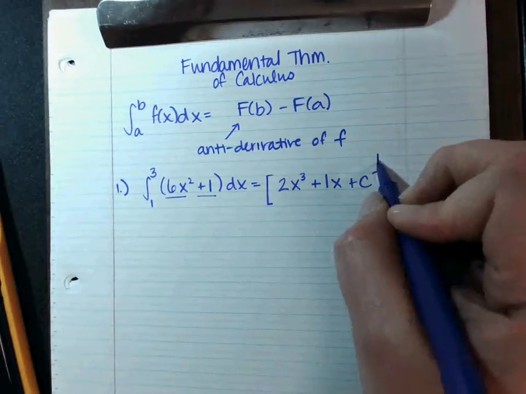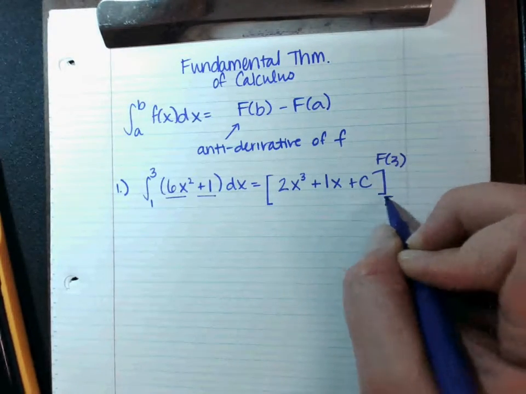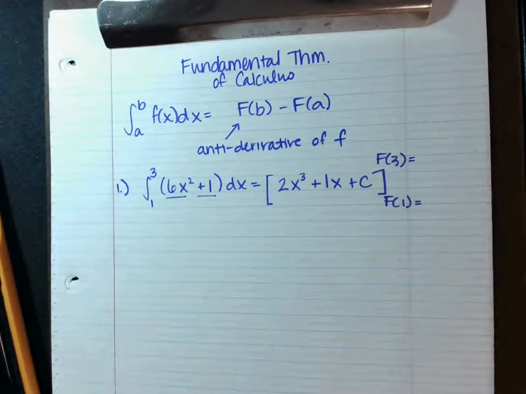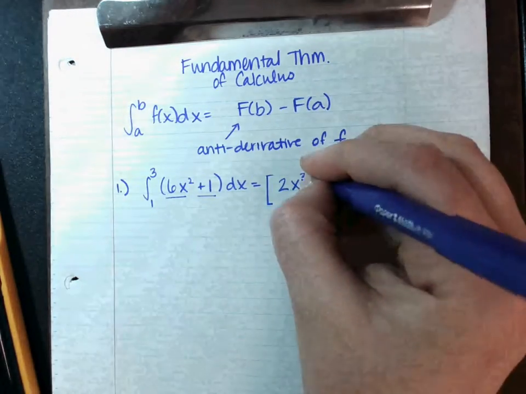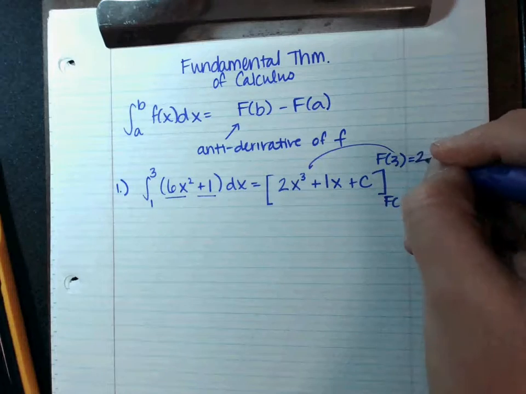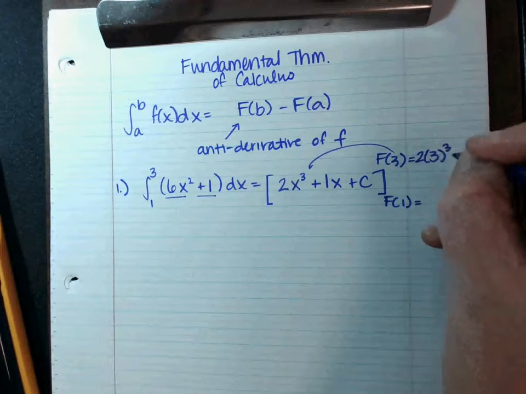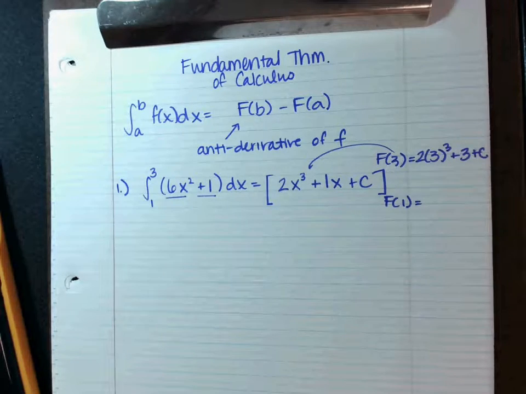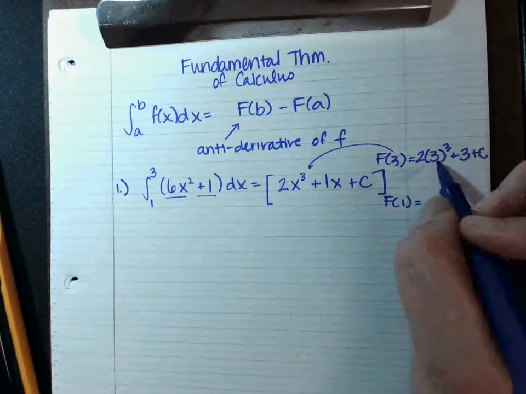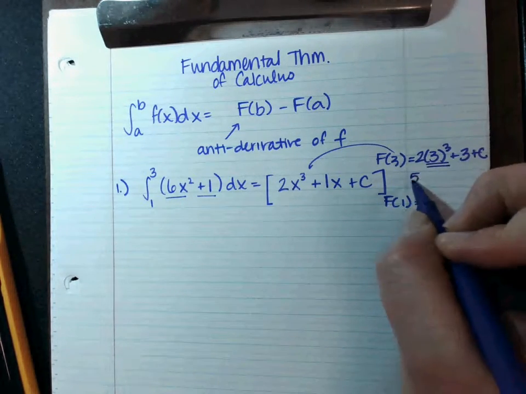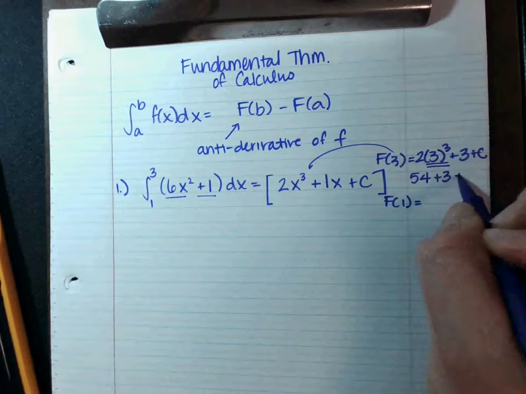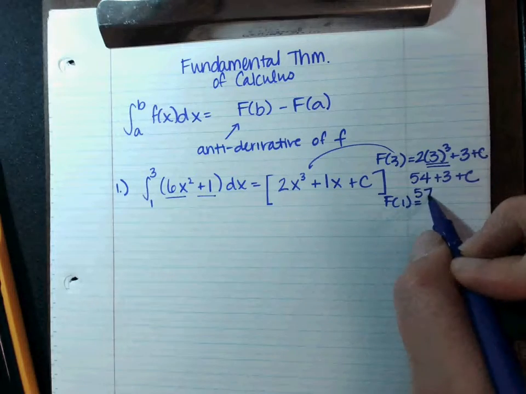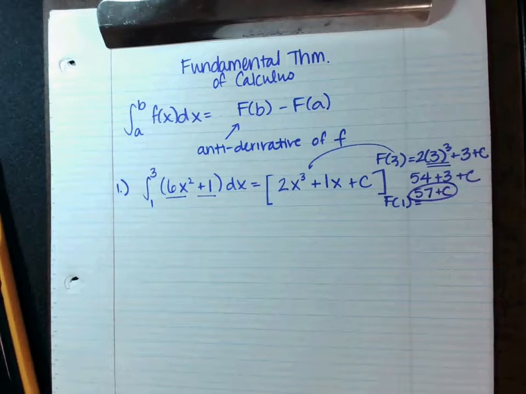Then you're going to plug in capital F of 3 and capital F of 1. Okay, so I'm going to plug in 3 first. Okay, 3 plugged in here is going to be 2 times 3 cubed plus 3 plus c. 3 cubed is going to give me 27. 27 times 2 is 54 plus 3 plus c, which is 57 plus c.